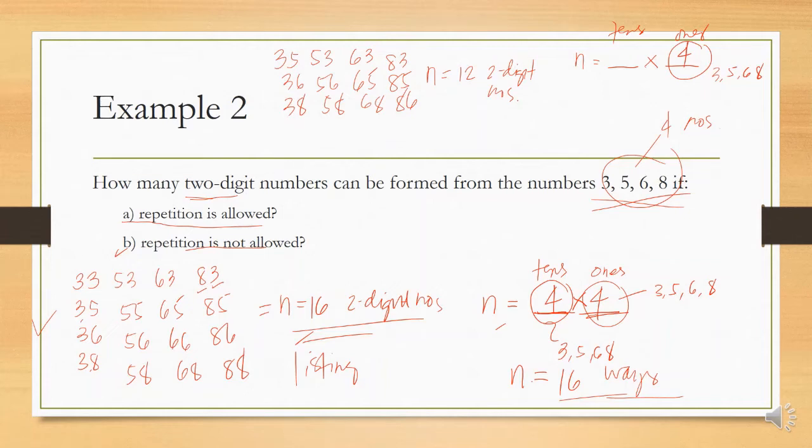Pero pag repetition is not allowed, 3 na lang yung pwede natin gamitin kapag nakapili na tayo dito. 'Di ba? Halimbawa, napili na natin yung 3 na ilagay dito. 3 na lang yung pagpipilian natin. 5, 6, and 8 na lang ang pwede dito. 5, 6, and 8 na lang siya. So, kung titignan mo, ang n natin dito, 3 times 4, so 12 ways din siya, no? The same with the computation with the listing method.